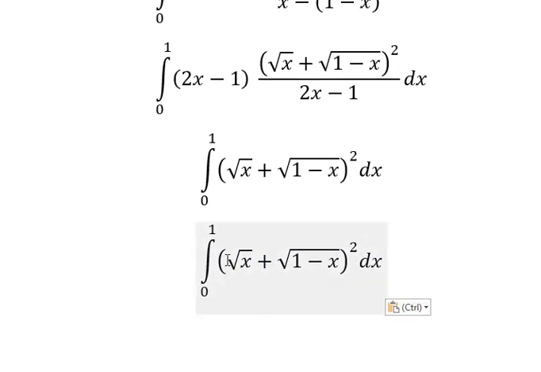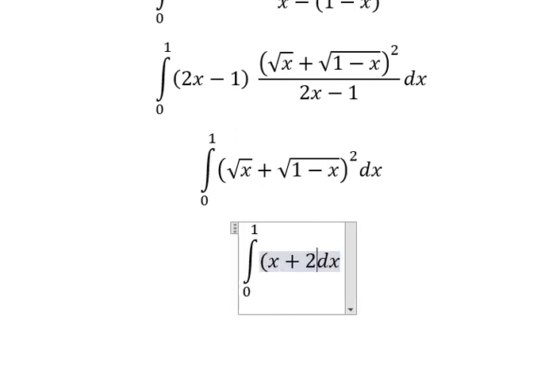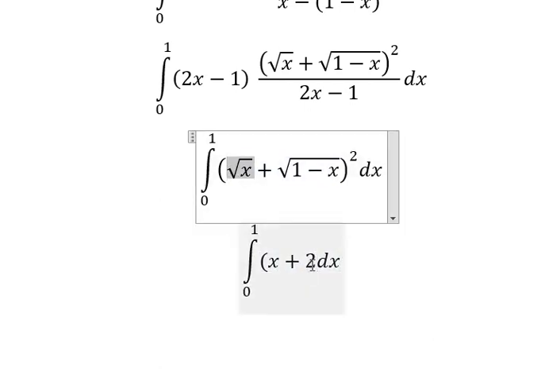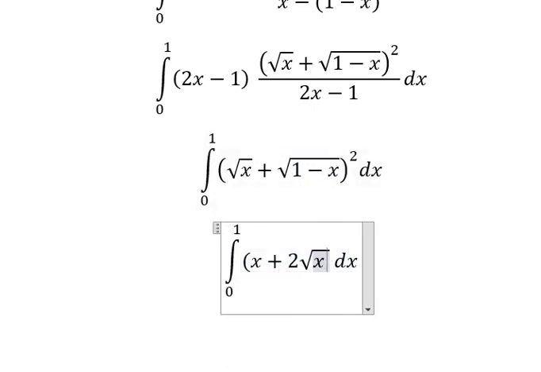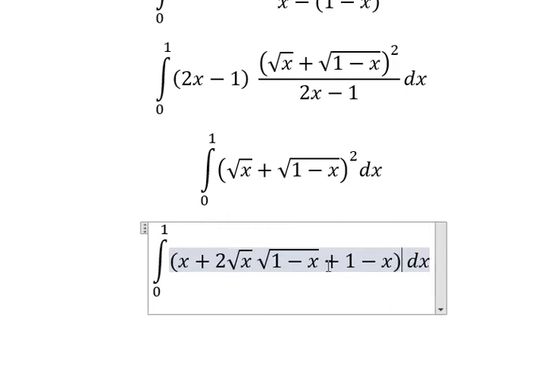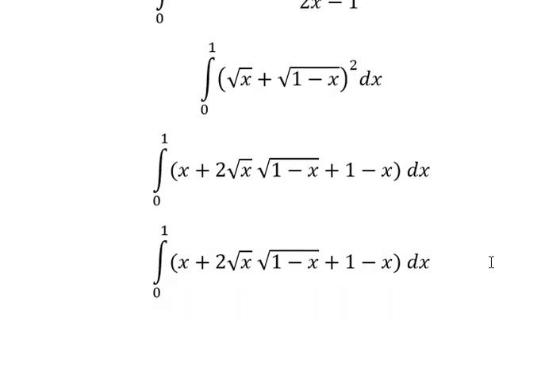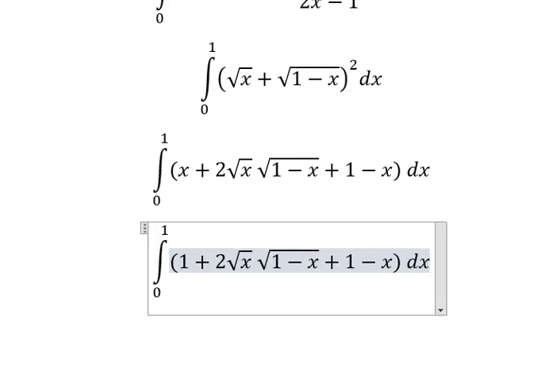And now we need to expand this one. So s minus s we cancel, so we have number 1.